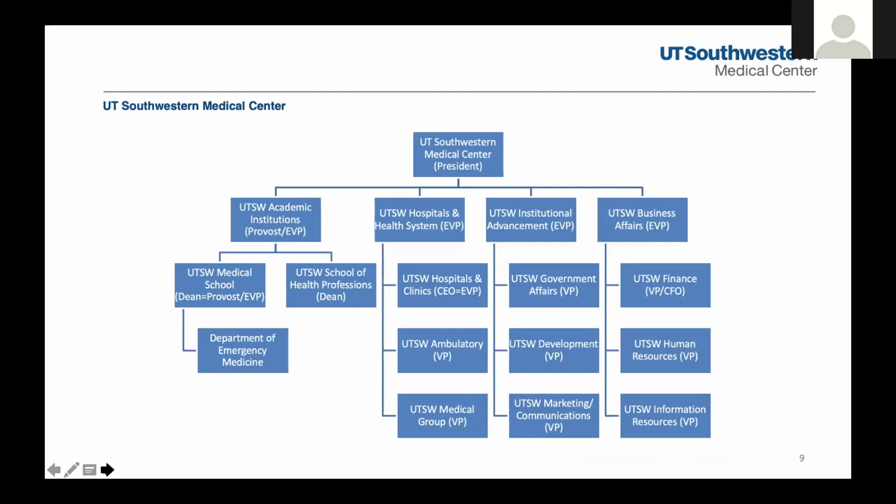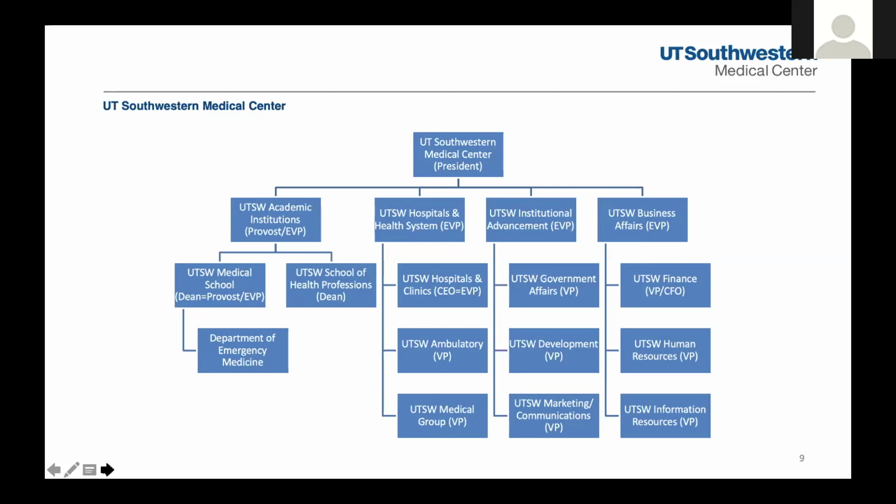That comprises the hospital and health system, that comprises all of the centralized functions of UT Southwestern Medical Center that are broken down into 2 subsets: institutional advancement, government affairs, development, marketing, communications, and business affairs, all the traditional, centralized business services you would expect: finance, human resources, information resources, and so forth. The 2 on the left, academic institutions and hospital and health system, is really the stuff we're talking about, and I think that's the meat of this.